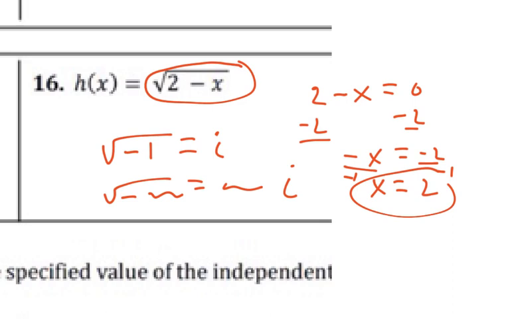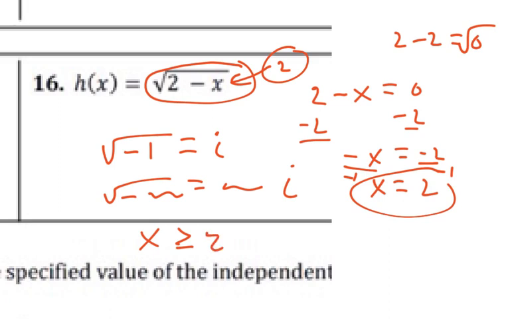X is 2. So in other words, do you agree if I plug in 2 here, I would get 2 minus 2, which is 0. Well, I can take the square root of 0, which is 0, but I can't take any number that becomes negative. So for 16, once you know that 2 gives me 0, x has to be greater than or equal to 2 is what we'd say.